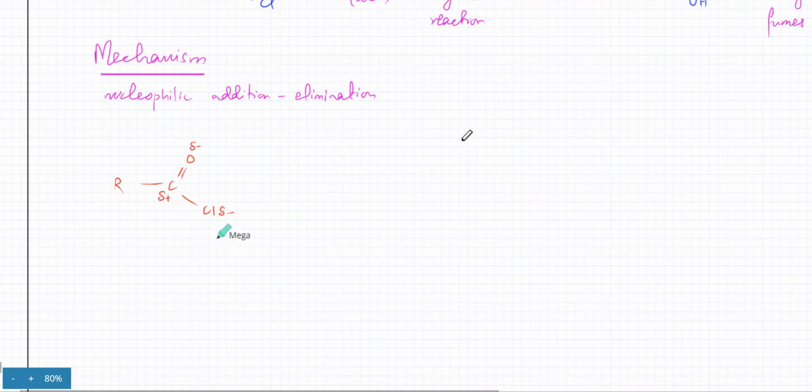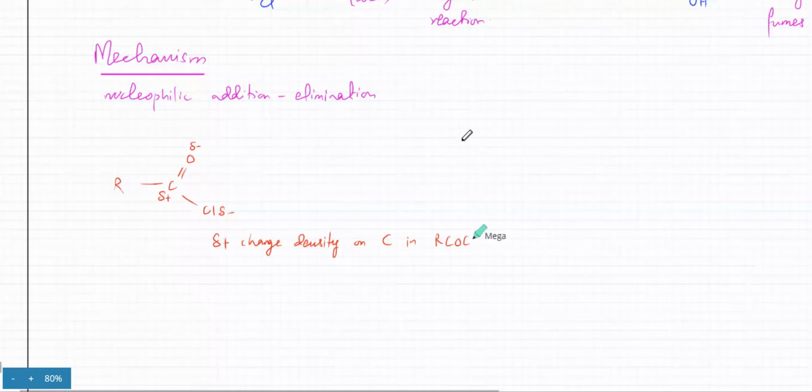So the positive charge density on the C in RCOCl is very high.